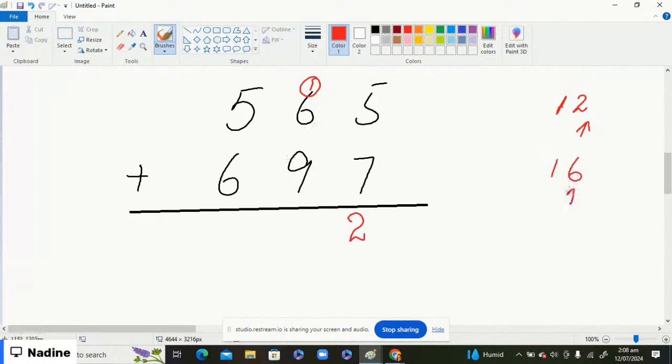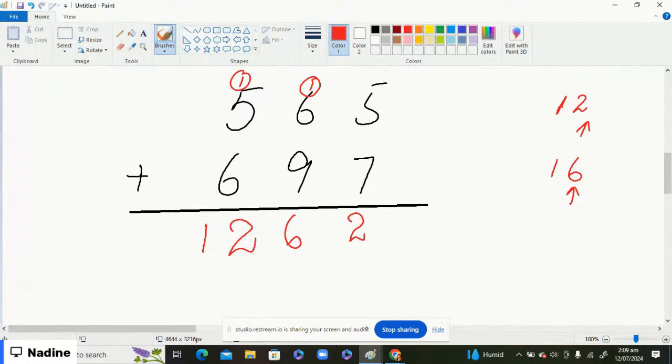Again you put down the right side digit here and the left side digit moves up as a carry. So 1 plus 6 plus 6. 1 plus 6 is 7, 7 plus 6 is 13? Check it out. No, this is not the answer, 1162. It's 1262. Yes, good. That is the right answer.